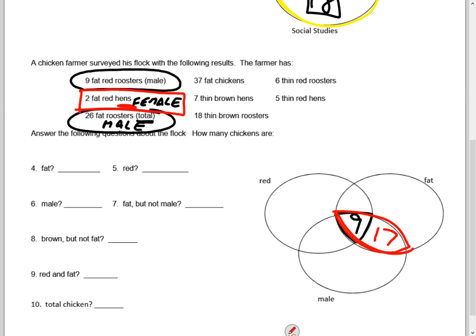So what's the only section? That one was very specific, and that was the only small area that I could fit that 2 into.